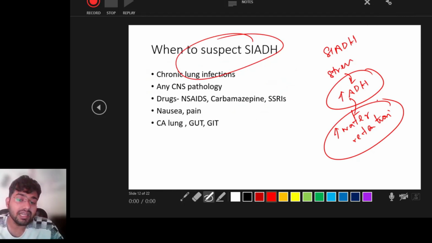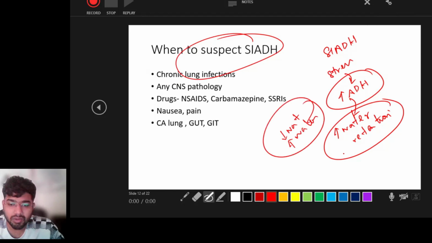The water will increase in excess relative to the sodium, leading to low sodium concentration. So water retention, and the patient will be euvolemic, but in a hypotonic hyponatremia state.